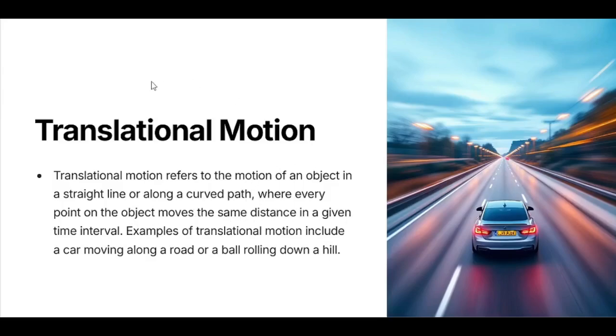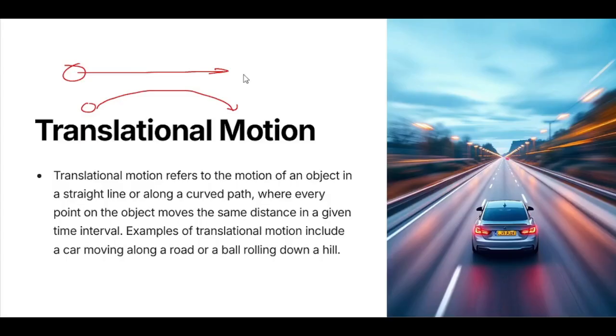So we would have a particular object moving from one point to another point, or moving from one point to another point in a curved path. So long as it is not moving forward and coming back, it's called translational motion. In a single direction, it's called translational motion. When we go to the next one, we'll see why I'm emphasizing this.